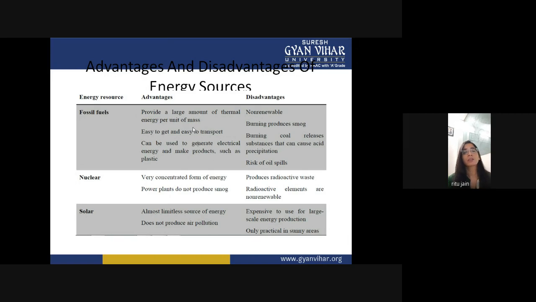In fact, the waste of uranium is very, very dangerous to our atmosphere and human body. So it is a very complicated procedure to dispose of this waste. Okay, so it produces radioactive waste, and radioactive elements are non-renewable.